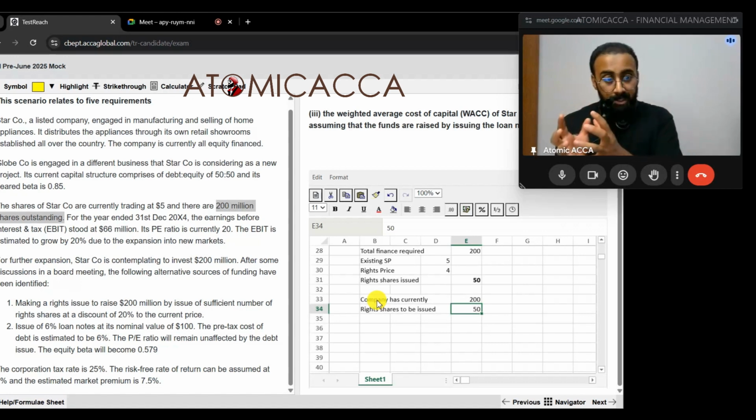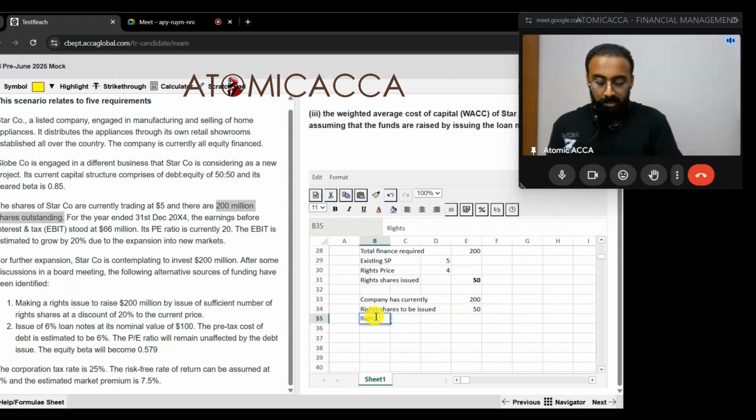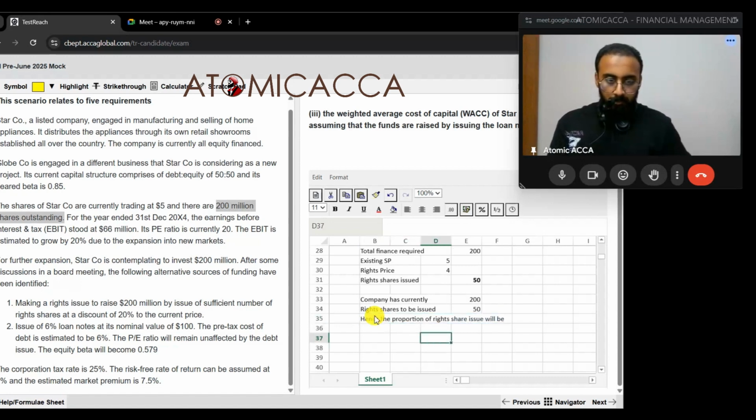For 200 million shares, if I'm issuing 50 million shares, for how many existing shares will I issue one rights share? The proportion of the rights issue will be 1:4.